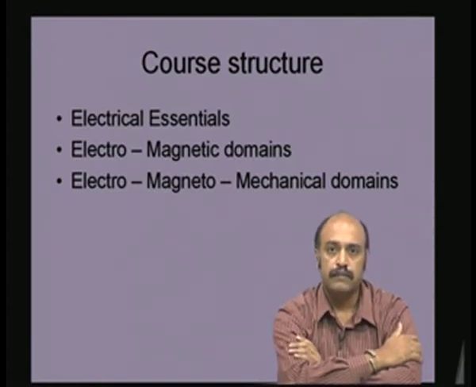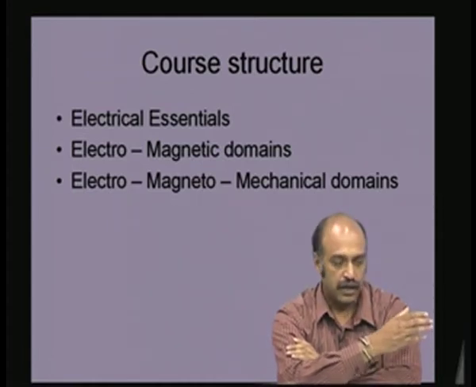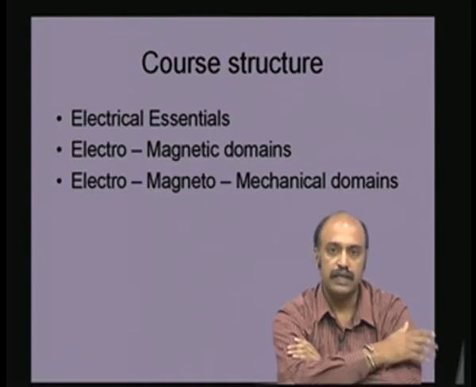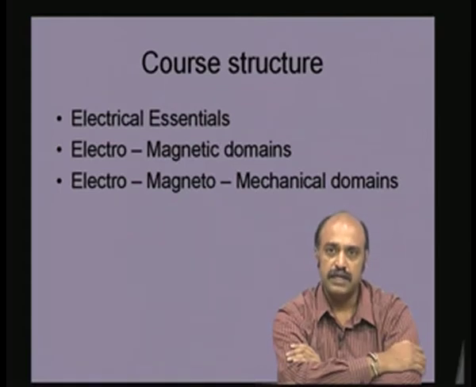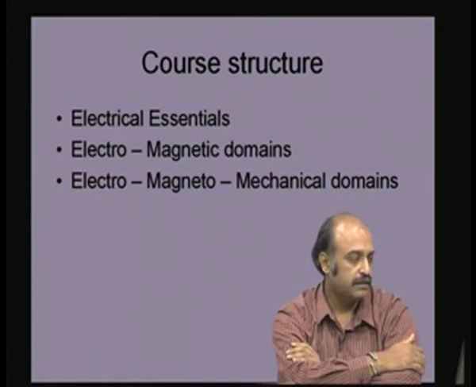The third part focuses on the electromagneto-mechanical domain. What it basically means is the energy flows through the electrical domain, the magnetic domain, and the mechanical domain, which are the machines. The DC machines, the DC generators, the induction machines, the induction generators, synchronous machines, synchronous generators, alternators, so on and so forth.